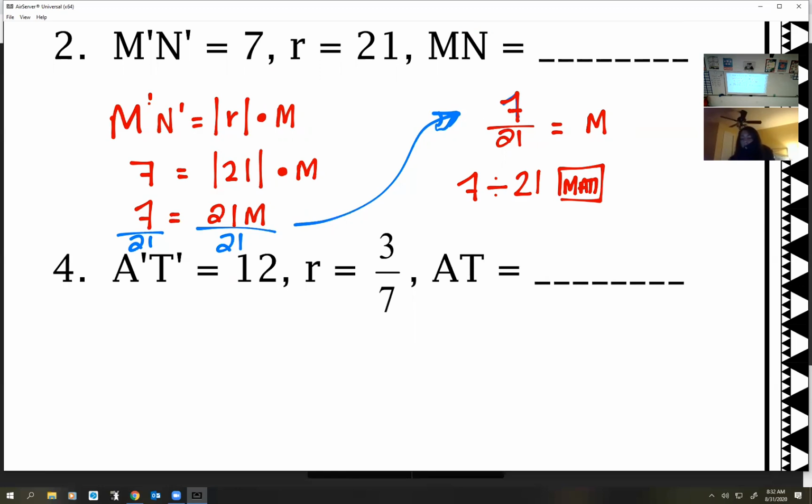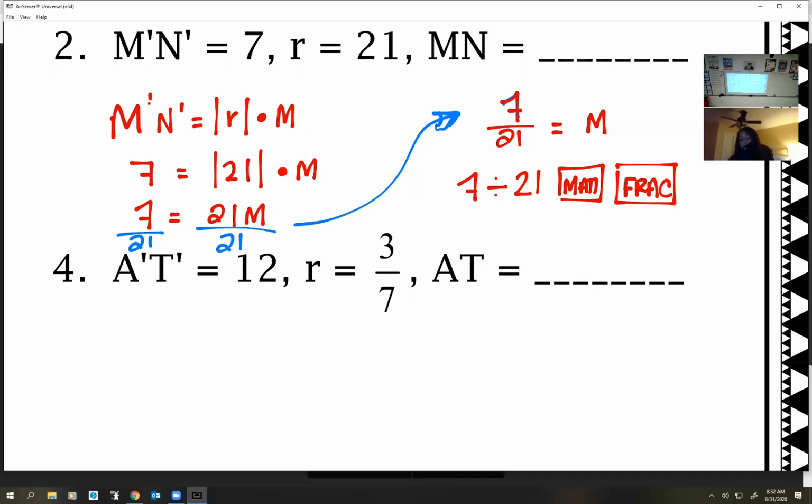It's going to give you a decimal, right? But so 7 divided by 21, hit math, and then frac. Math frac.